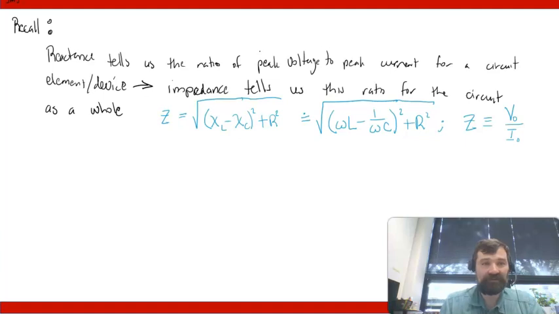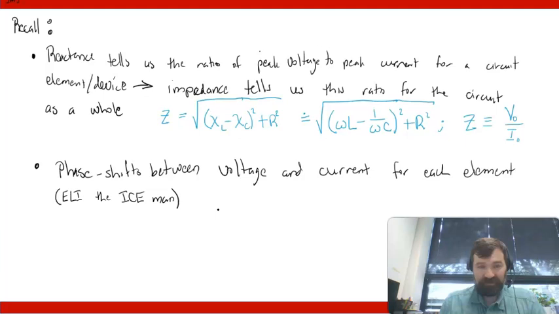The second thing that we need to recall is about phase and phasors, represented often by this little mnemonic, ELI the ICE man. Again, voltage leads current for an inductor, current leads voltage for a capacitor, current and voltage are in phase for a resistor.